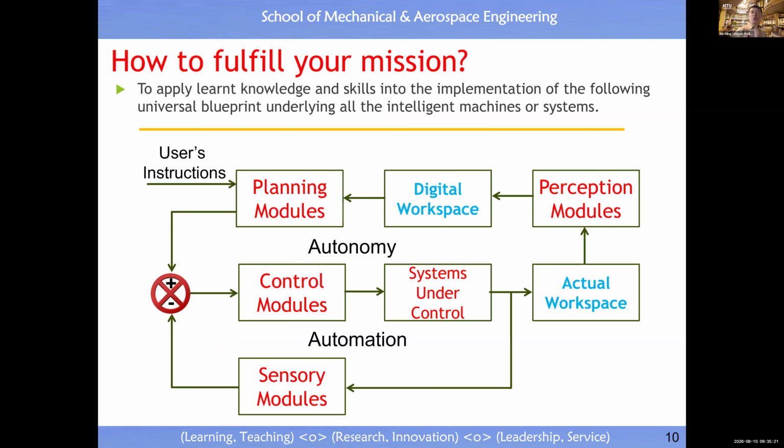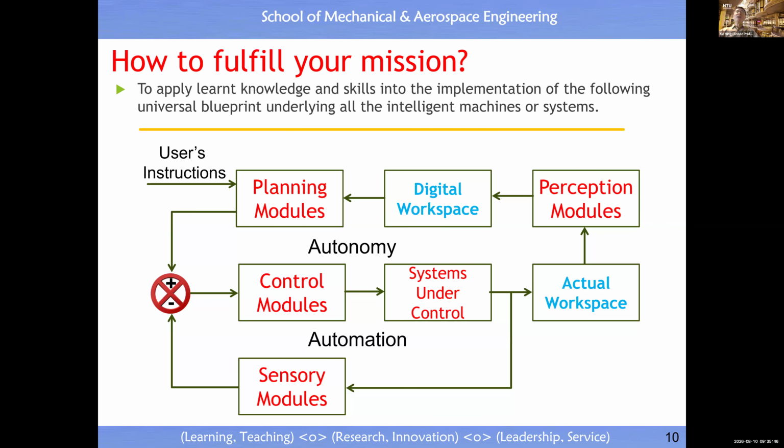Then how to fulfill your mission? Look at this slide: we have an inner automation or inner control loop. We also have an outer autonomy or AI loop. Inside the inner control loop, do you see the control module? Behind the control module, the hardware support should be a microcontroller.